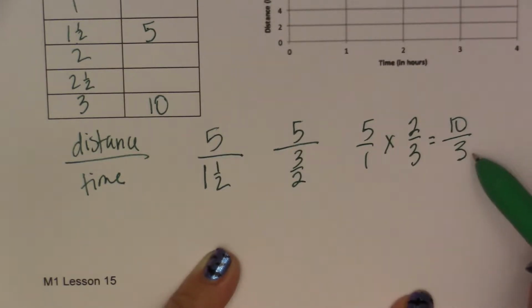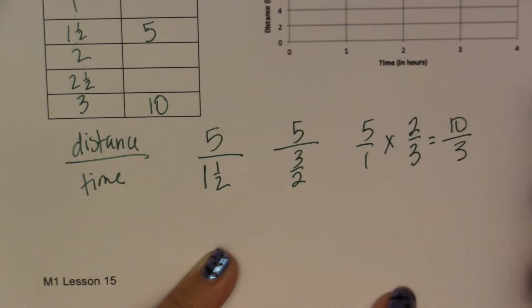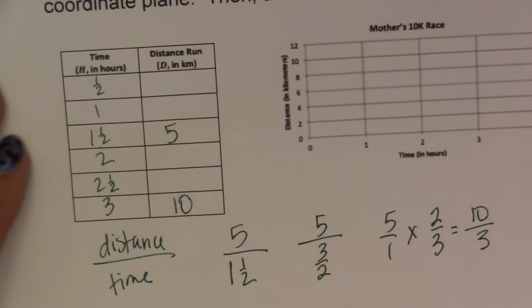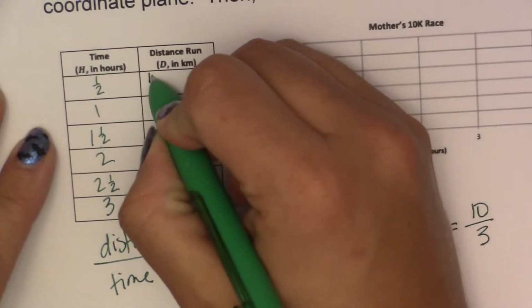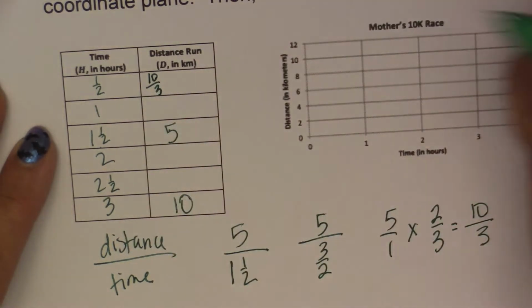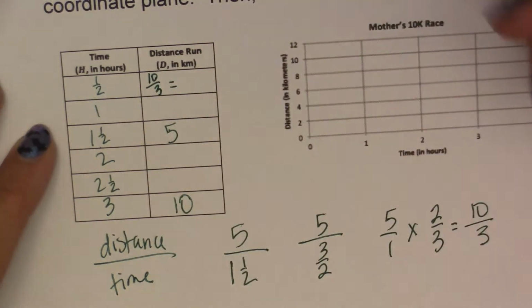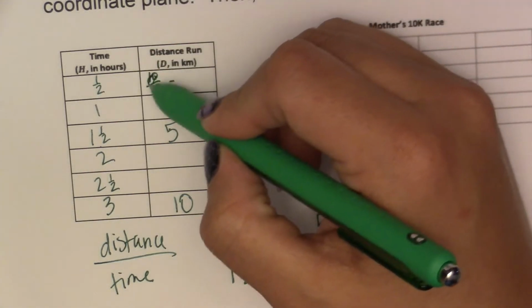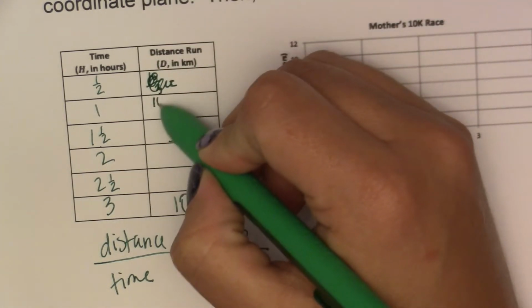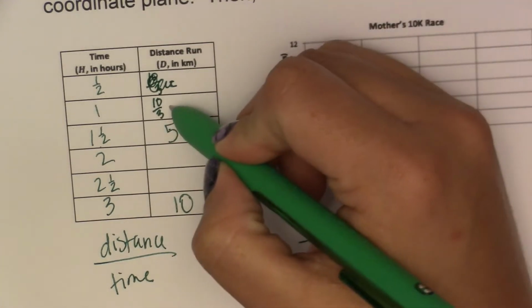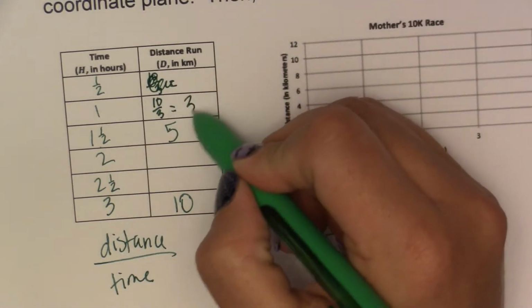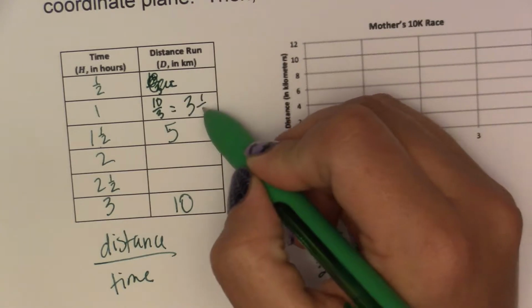Now I can leave my number like this, and I'm also going to go ahead and simplify it in the box. So I have 10/3, which is equal to, oh, wrong box, helps if I write in the right spot, 3 1/3. There we go. I know that 3 goes into 10 3 times, and that would be 9, so I'd be left with 1.